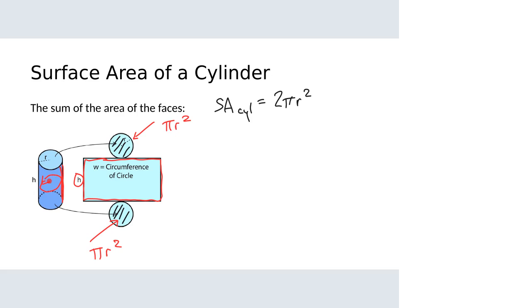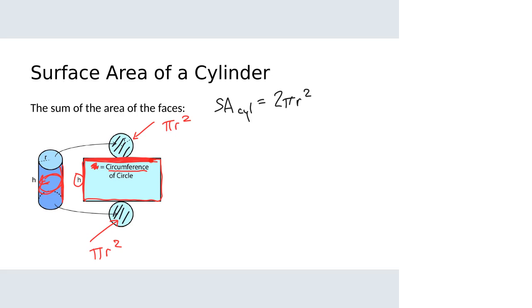If we're going all the way around a circular object, then what we're talking about is the circumference. The circumference is this length, multiplied by the height, which would give us the area of that rectangle. So the circumference all the way around the circle is how long this is, multiplied by the height.